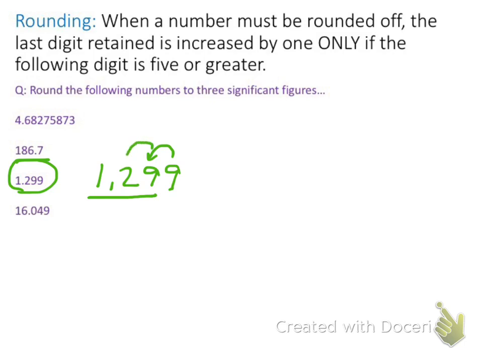So this is going to translate into increasing 2 different digits in the final answer. So the correct answer for this rounding is 1.30. You increase this 9 to a 0 and increase this 2 to a 3. Effectively, you're increasing this entire number by 1 because of the rounding.